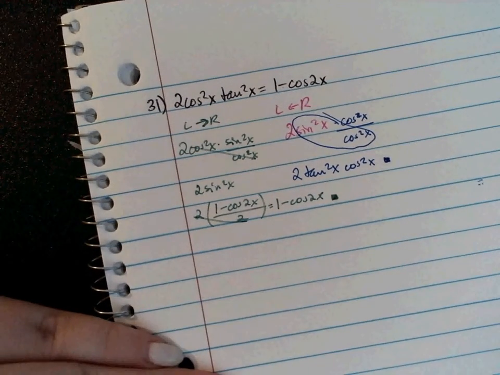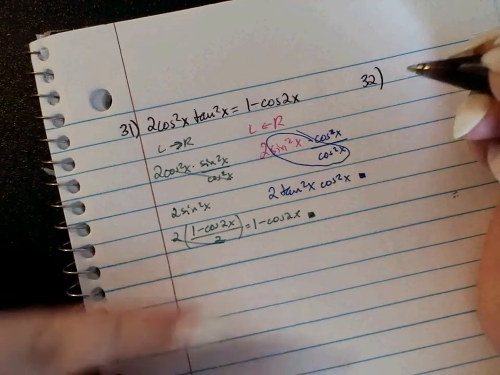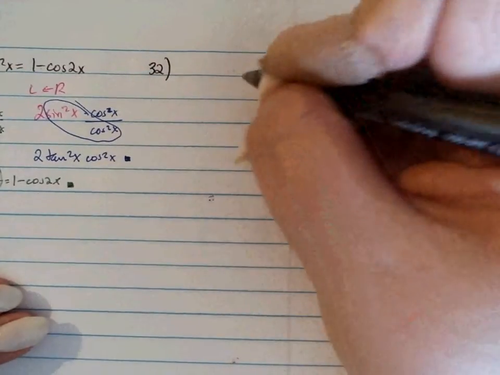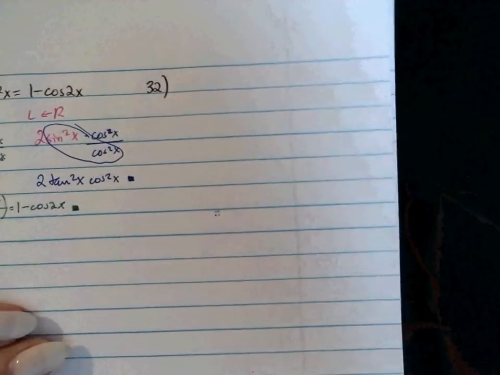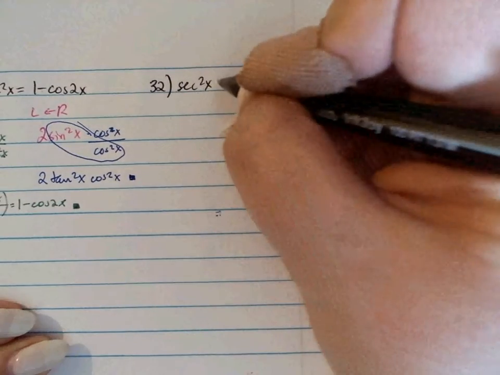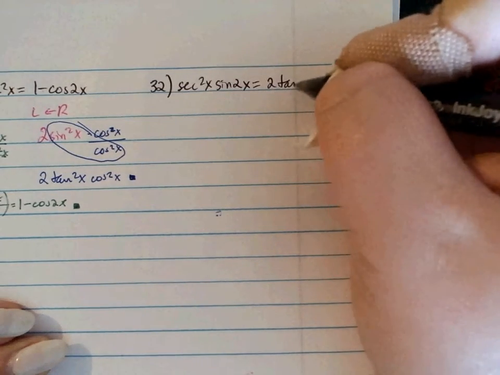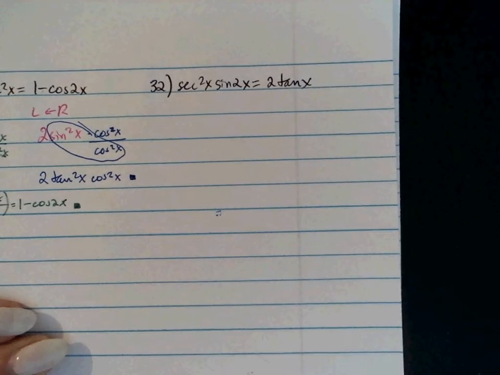Then we have 32. Let's see, 32 says secant squared times sine of 2x equals 2 tan x.